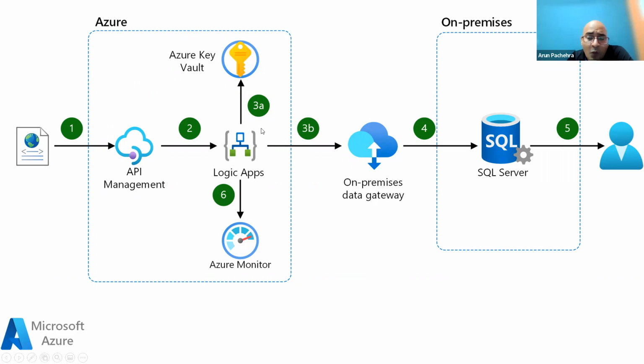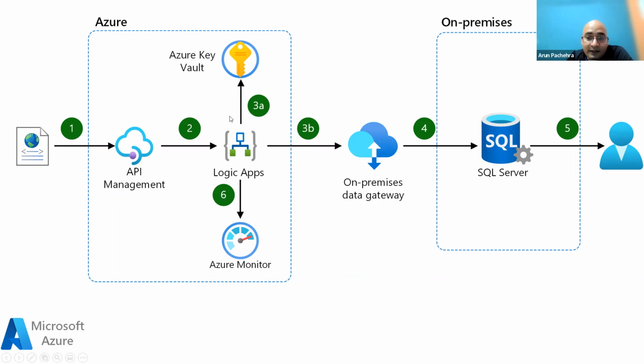Now, what is the reason for Logic Apps to be placed here? What kind of workflow is it following? So here, each HTTP request triggers a run in Logic Apps. Logic Apps uses secure template parameters to retrieve database credentials from Key Vault.